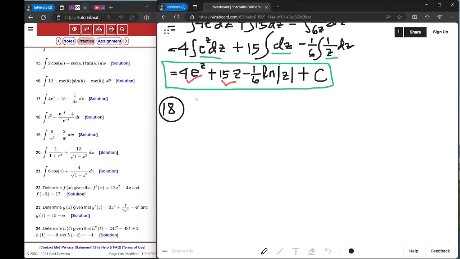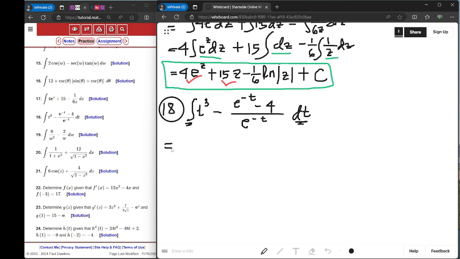For number 18, this is the integral of t cubed minus, so look at that, e to the negative t minus 4 over e to the negative t times dt. So again, we will integrate all the terms in between the integral sign and the derivative of t.